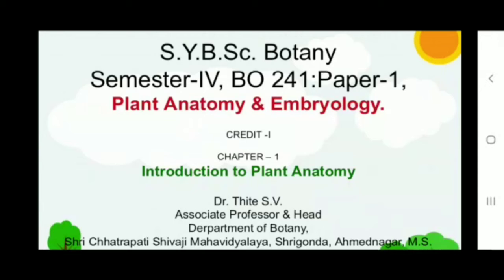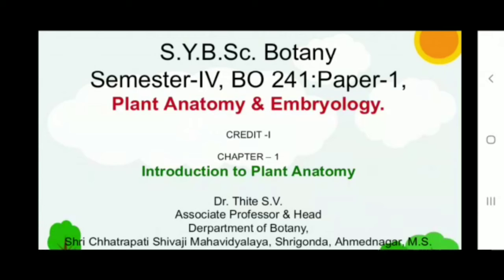Okay. Then Anton de Bary, 1831 to 1888, was a student of fungi but extensively worked on plant anatomy and published his work on comparative anatomy of phanerogams and ferns in 1877.